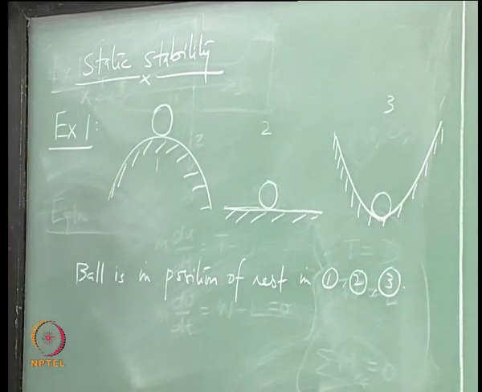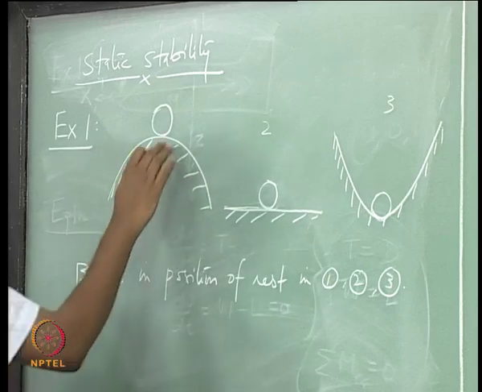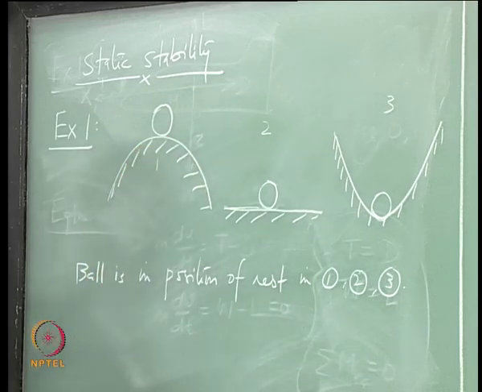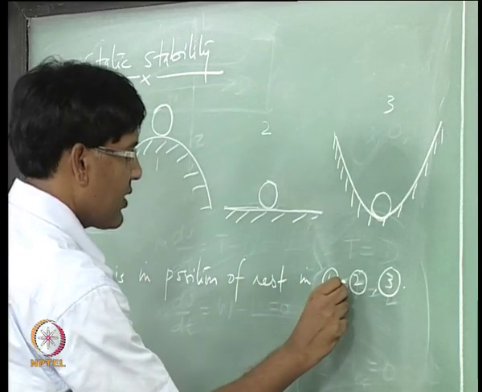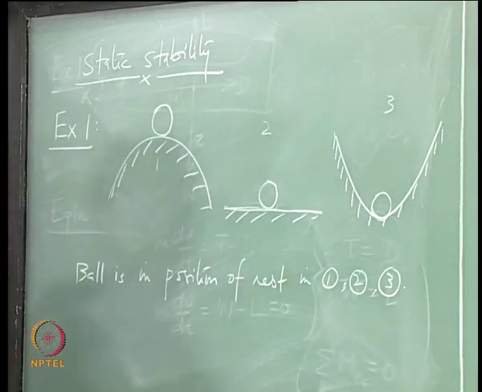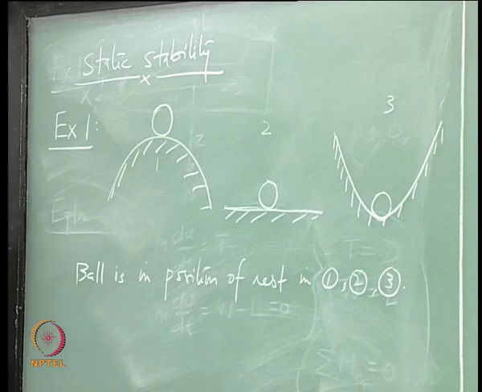Okay. We will also assume that this surface is smooth, does not offer any resistance to the motion of the ball. It's not a realistic assumption, but this simplifies a lot of things.